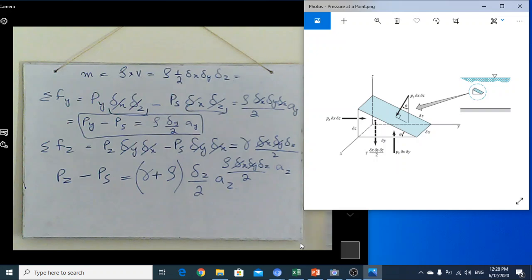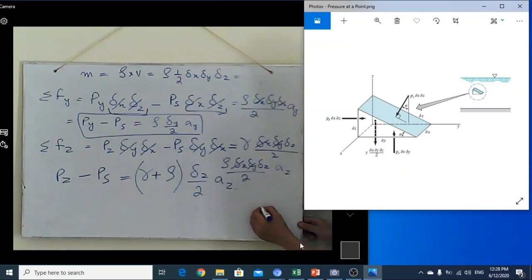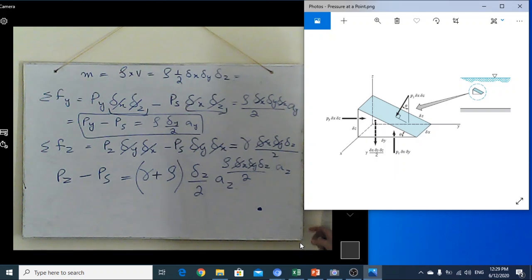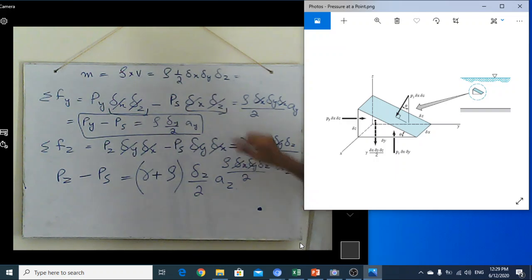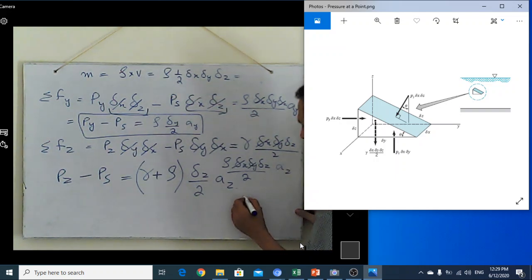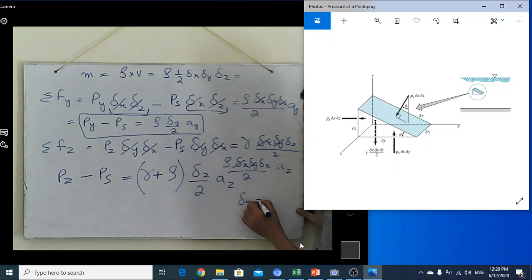If we are talking about a point body, the point body has dimensions in which delta Z has a very minor value, delta Y again has a very minor value, so all these values tend towards 0.